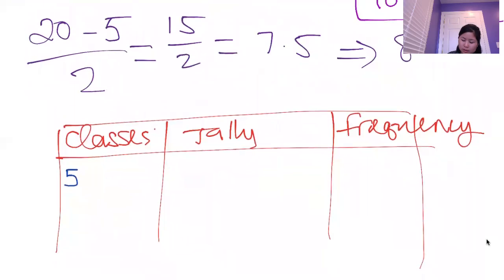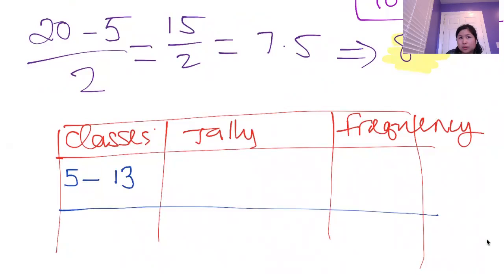The reason we calculate the class width is to help us get to the next values. So 5 plus 8 gives you 13. For the next class, I'm not going to use 13 again, because if I use 13 again, it's going to be confusing when you have to do the tally.